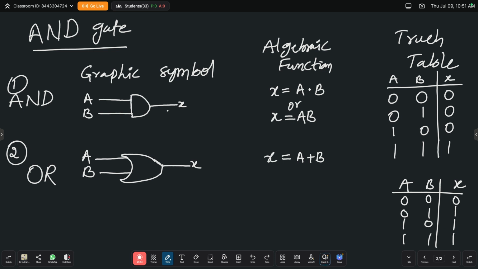So this is for the OR gate. Correct? Done?